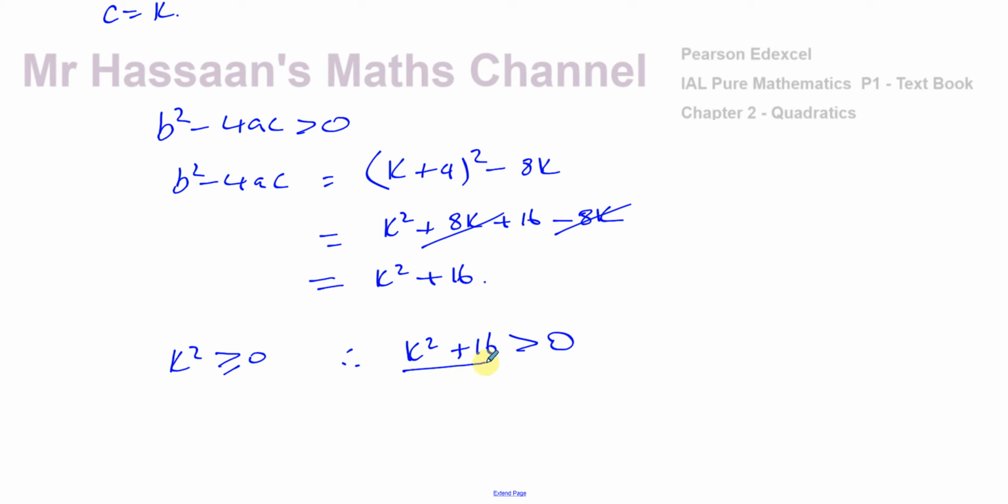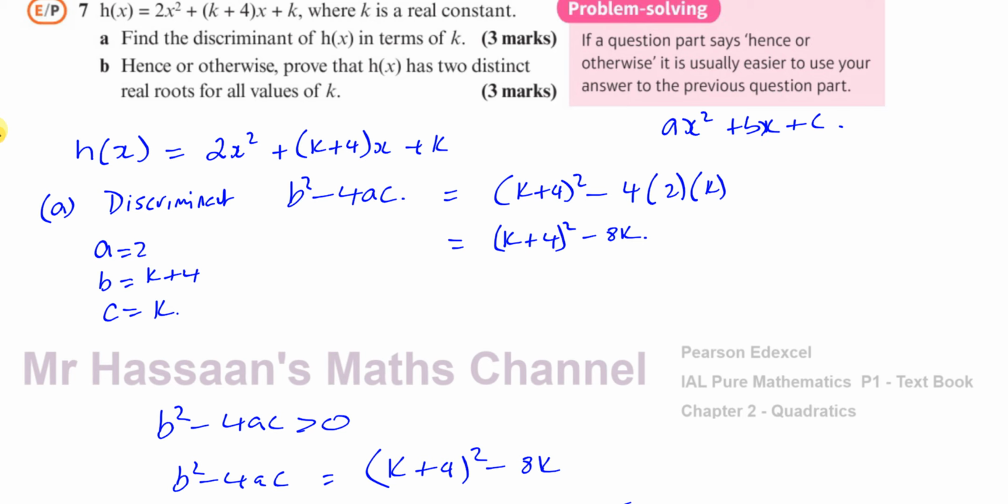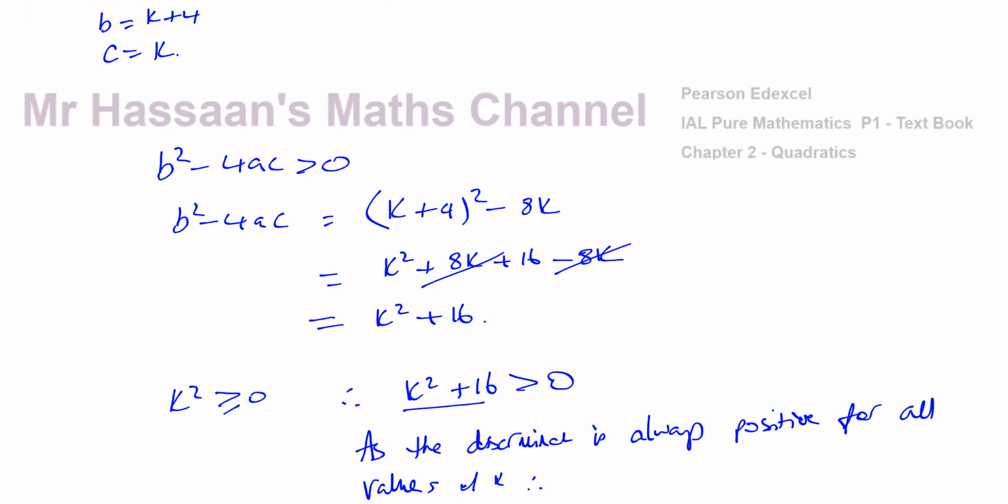And this is the discriminant, so the discriminant is always positive for all values of k. Therefore, as they asked us in the question, h of x will always have two distinct real roots for all values of k.